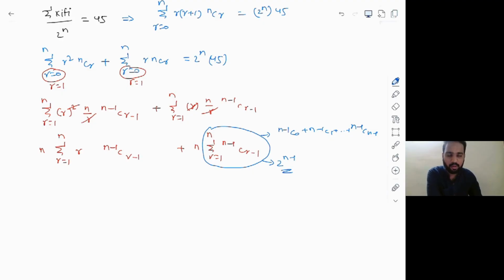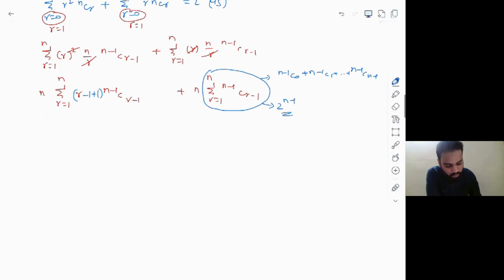There also we can do some modifications, because here we have r into n minus 1 C r minus 1, but I'm going to write it as r minus 1 plus 1. That's a required manipulation, because if you split the sigma again, in the first sigma, r = 1 to n, the first term is going to be r minus 1 multiplied by n minus 1 C r minus 1.